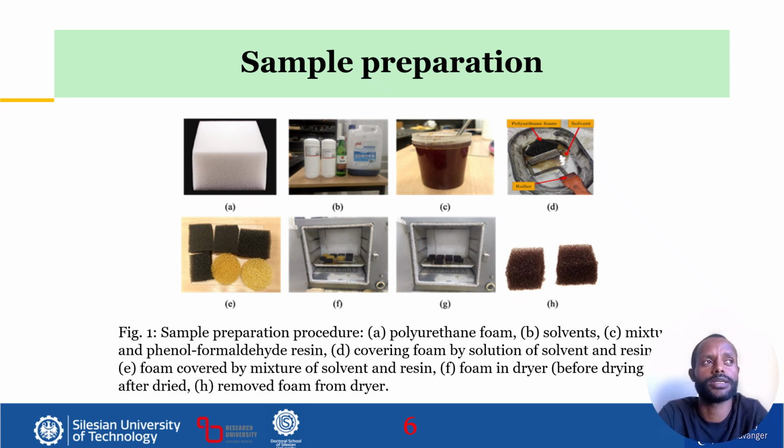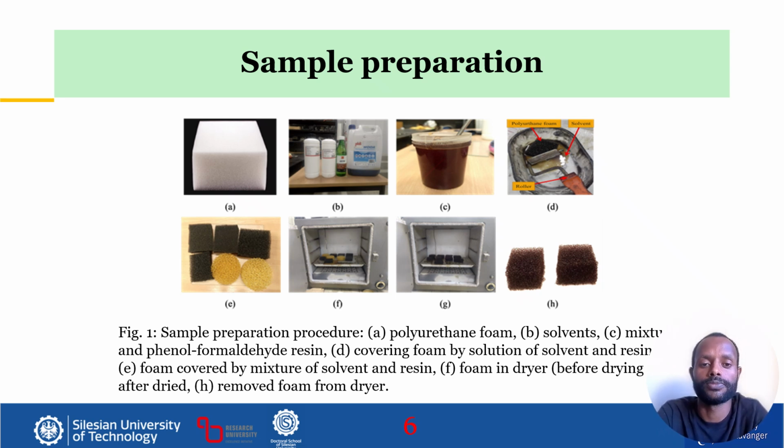And the other one, the purpose of using those alcohols, ethanol, methanol, and acetone, is that, as we know, the viscosity of this phenolformaldehyde is high, so it is not easy to pour or immerse it to uniformly distribute this phenolformaldehyde into these foams, especially for higher pore density like 60 ppi.